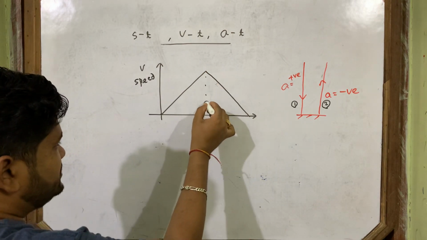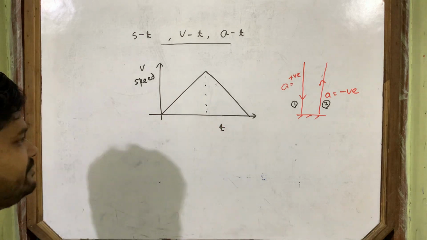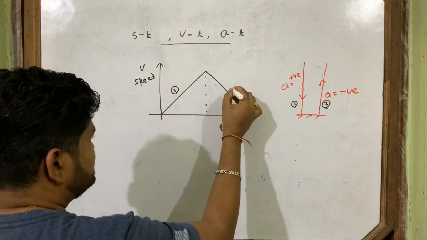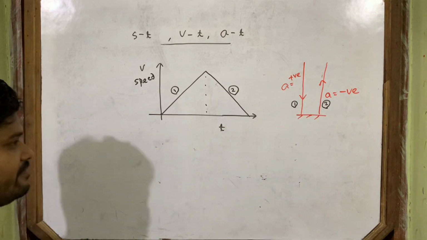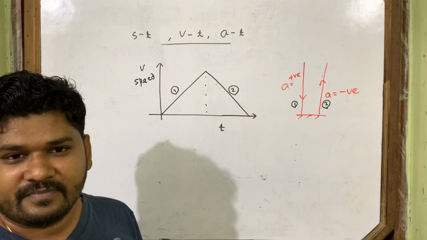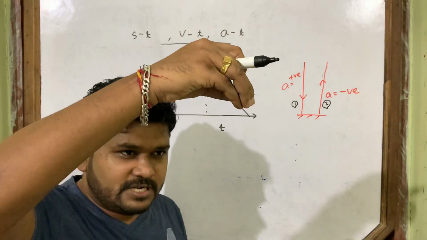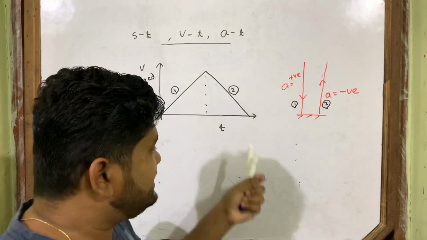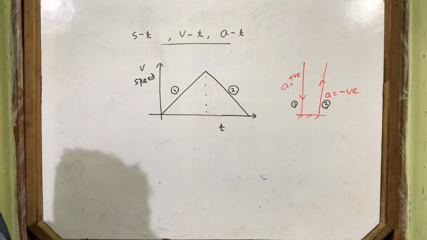These two will be just mirror images of each other, this part and this part. Speed increases, then speed decreases. Speed increases when it comes downward; when it goes upward, speed decreases and again becomes 0.